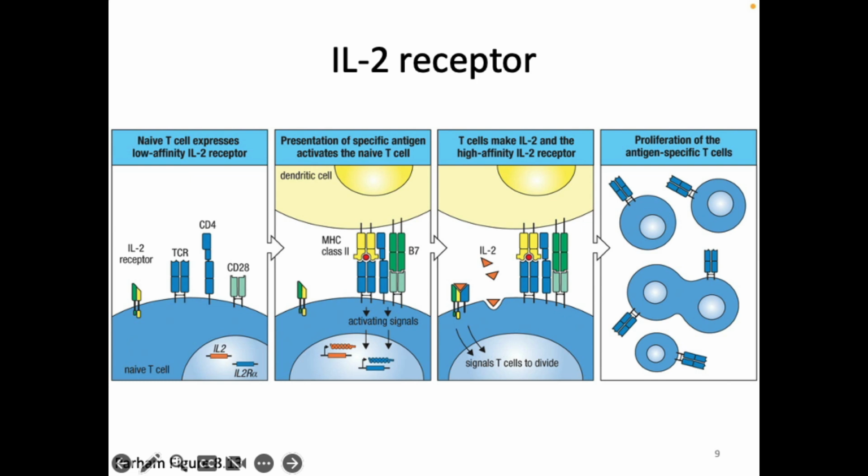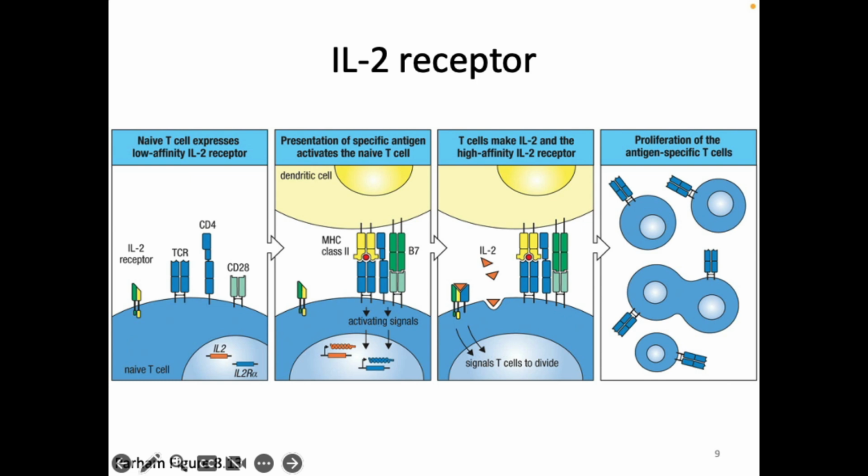Yeah, David. Would the production of the alpha chain after getting activated prevent the IL-2 that's being produced from causing proliferation of T cells that aren't active? So that's a great question. This might kind of make this T cell be a bit of an IL-2 hog, as I mentioned.